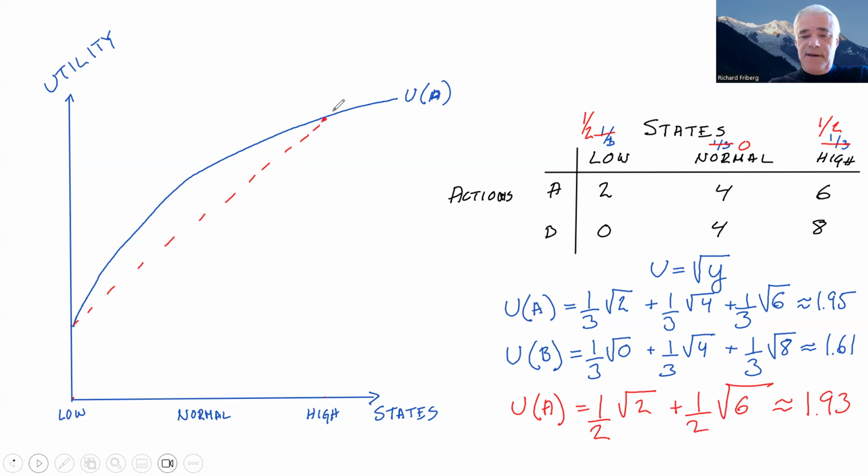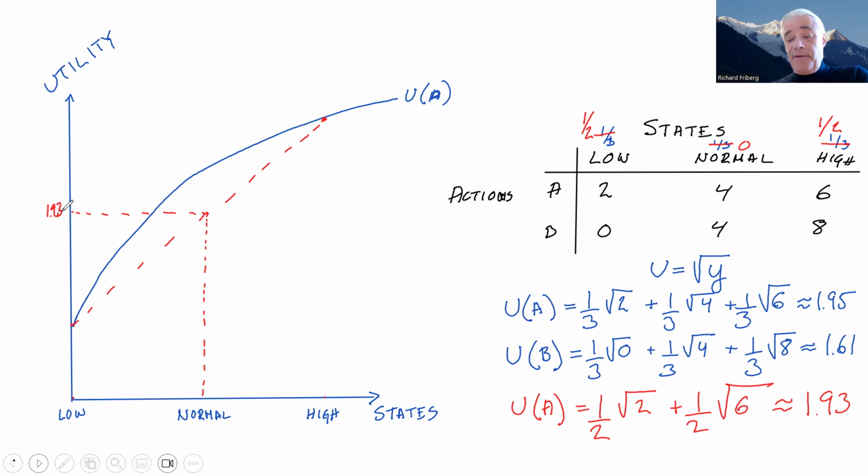So this individual will be either here, getting that utility, or here, getting this utility, and weighing those with a probability of 1/2 each will be associated with an expected utility of 1.93.